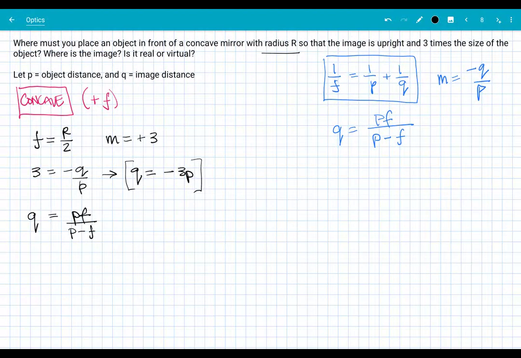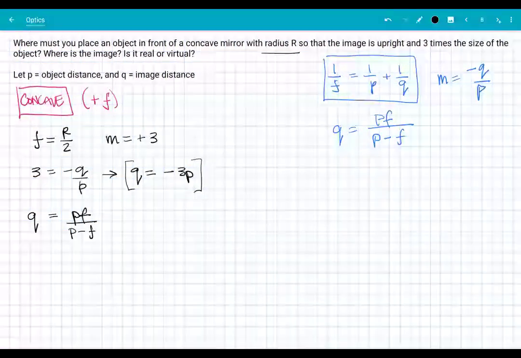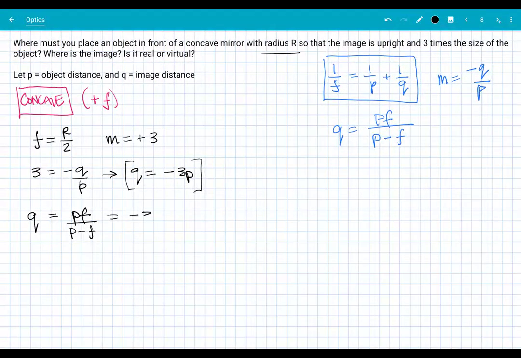Got it. But q is equal to negative 3p, right? I figured that out up there. So I can set that equal to negative 3p. Nice. Now look what happens there. I get that f over p minus f is equal to negative 3.